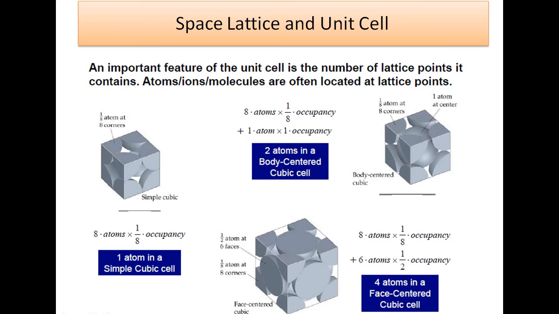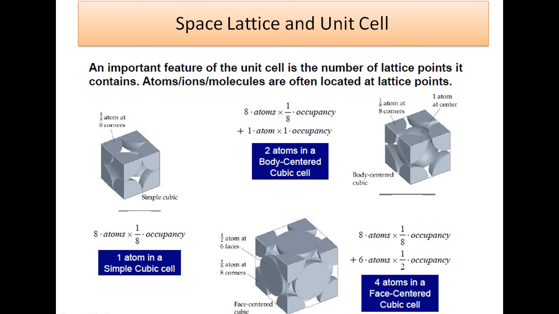Each particle at a corner is shared by 8 unit cells. If you carefully imagine, each particle at the corner of a cell is shared by 8 unit cells. So its contribution towards one unit cell is 1 by 8.